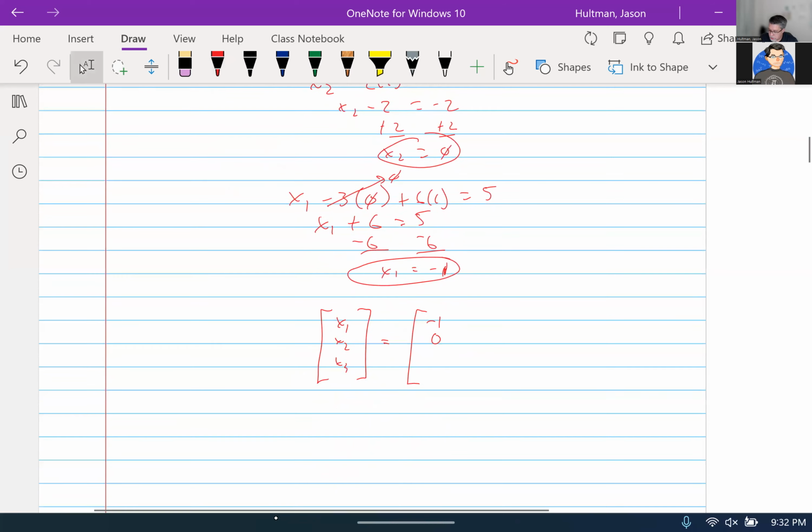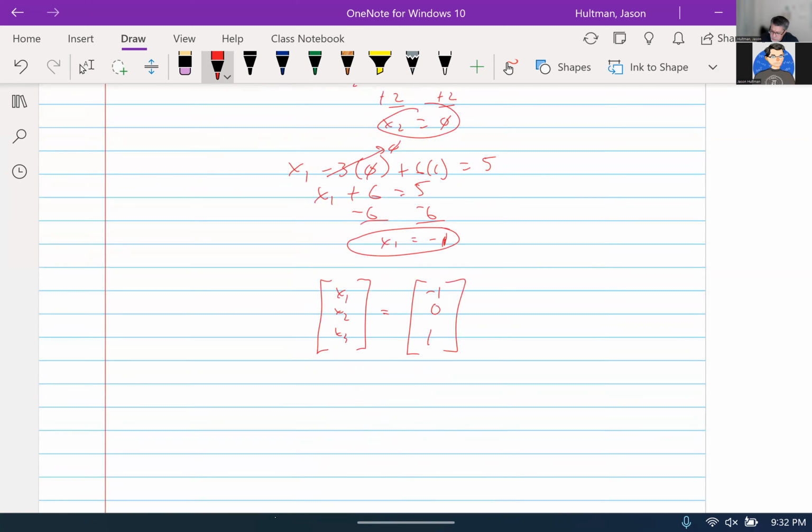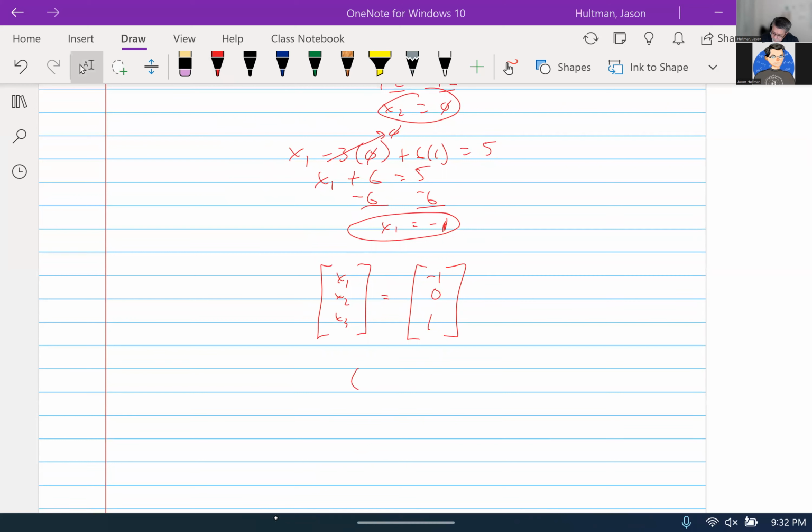So that could be our solution column vector, a column 3 vector. Or I could just write it as a regular standard vector or in point notation, -1, 0, 1. Okay, and so that would be my solution to the original system of equations.